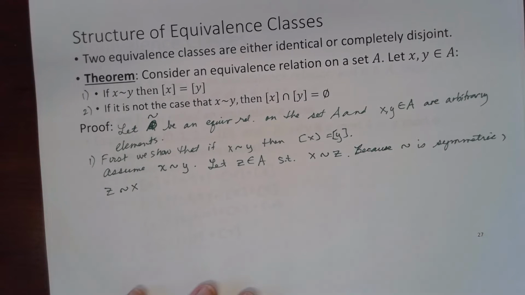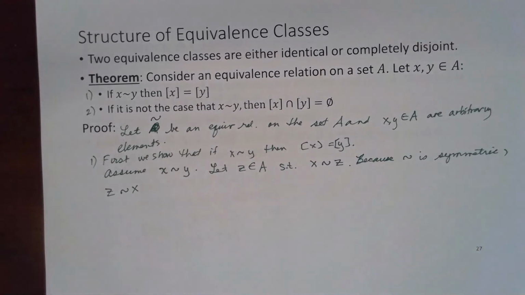Now notice that we have z is related to x, and we also have x is related to y. Because it's an equivalence relation, it's transitive. If z is related to x and x is related to y, what can we conclude? Because of transitivity, z is related to y.